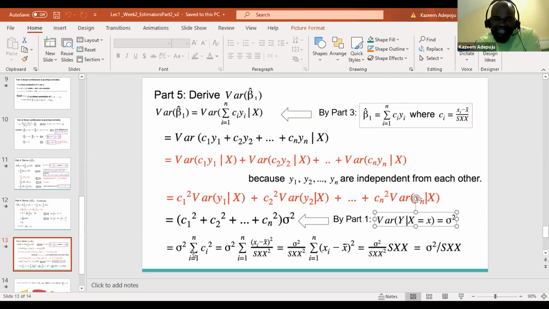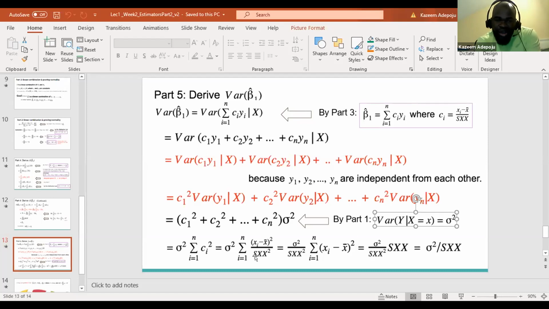Do you remember what I used to denote my Ci the other time? This is what I used to denote my Ci. If I use this one to denote my Ci, then I'm going to put this one into where I have a Ci. Instead of Ci, I'm going to put the whole of that, then I'm going to square that.